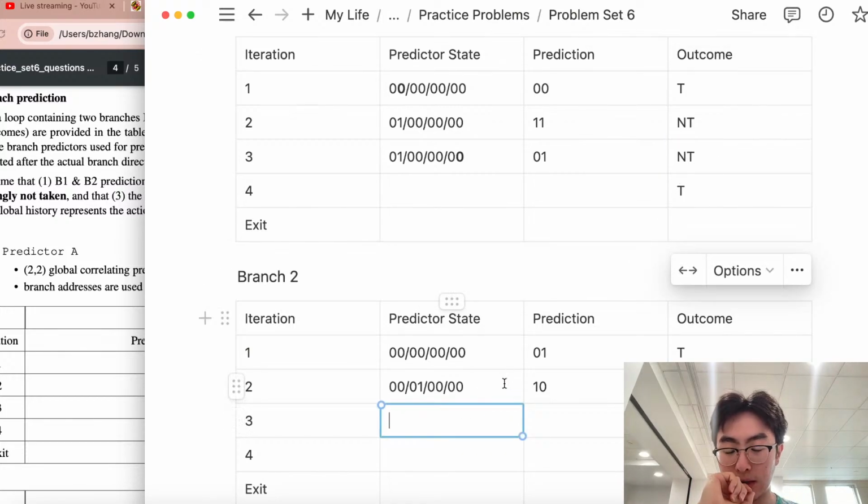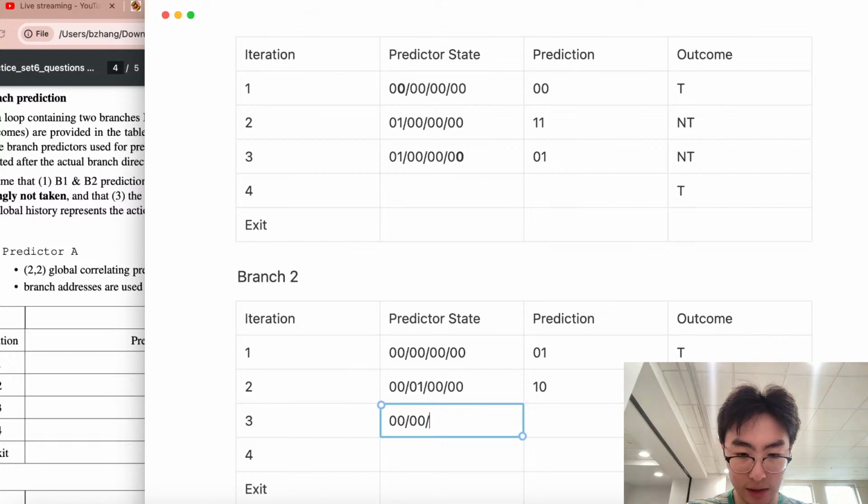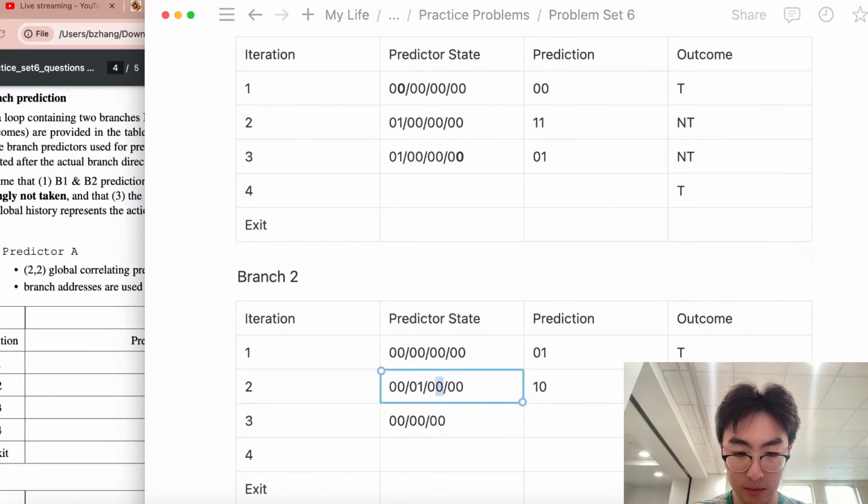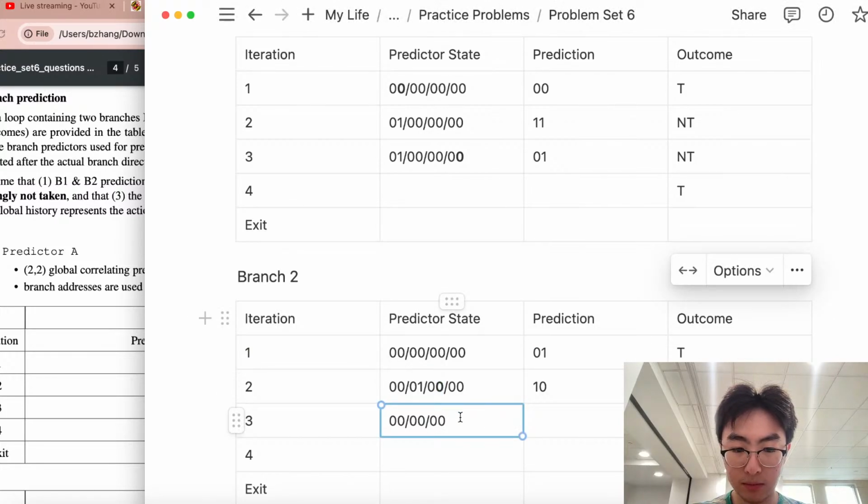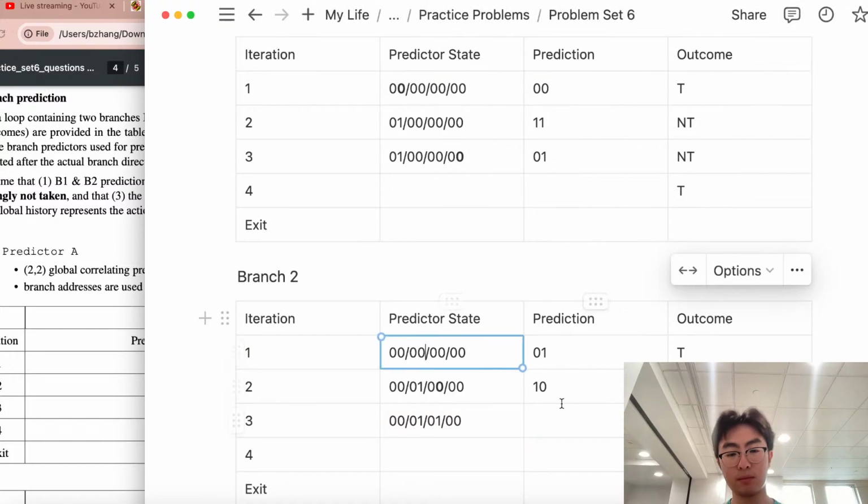But let's go to this real quick. So we have our prediction bit here, which is just 2. So we index 2. We change this to a 1. Okay.